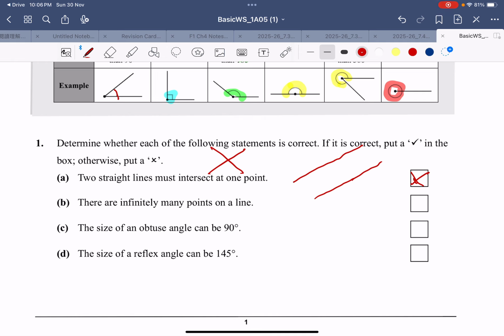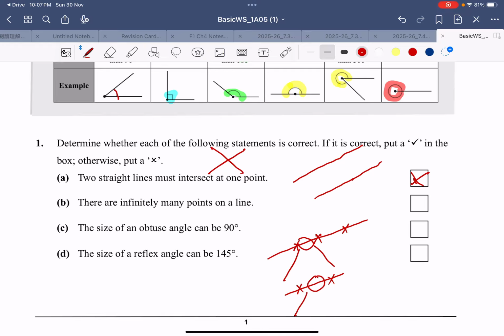Question B, there are infinitely many points on a line. So this is a line, and if you look at points here and points there and points here, it seems there are infinitely many points on this line, because if you zoom in on this part, you can have a longer line here, and then you can continue this process.